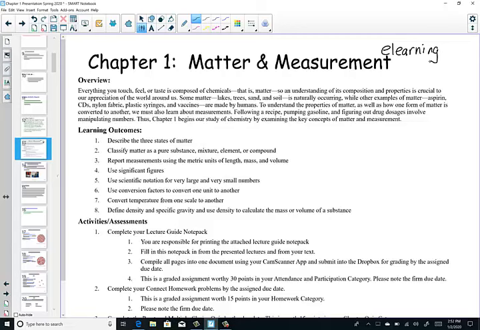But it reads, everything you touch and feel or taste is all composed of chemicals. We know that matter is anything that occupies space and contains mass. Its composition and properties is crucial to our appreciation of the world around us.